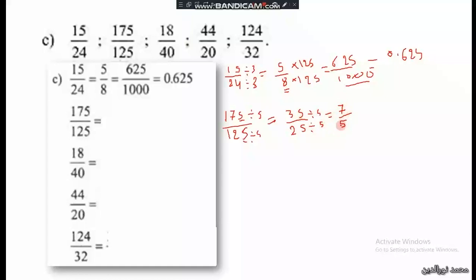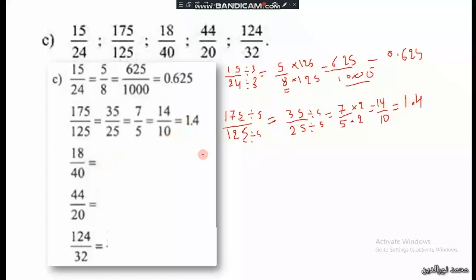And this form is the simplest form of 175 over 125. And now we could turn this fraction into a decimal fraction by multiplying 5 by 2. 5 times 2 is 10. So here we have 14 over 10. So to write it as a decimal number, we have 1 0, 1 decimal digit, so it's 1.4.